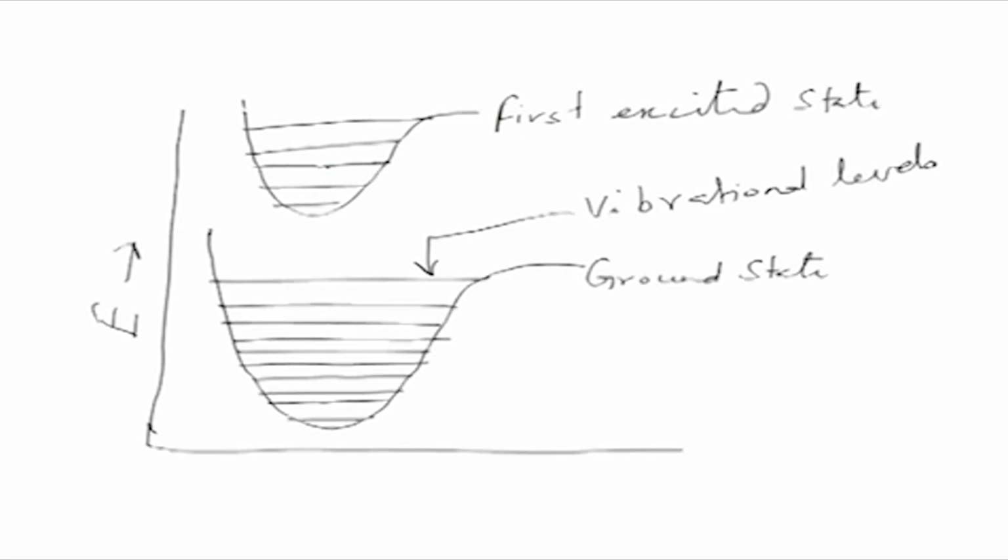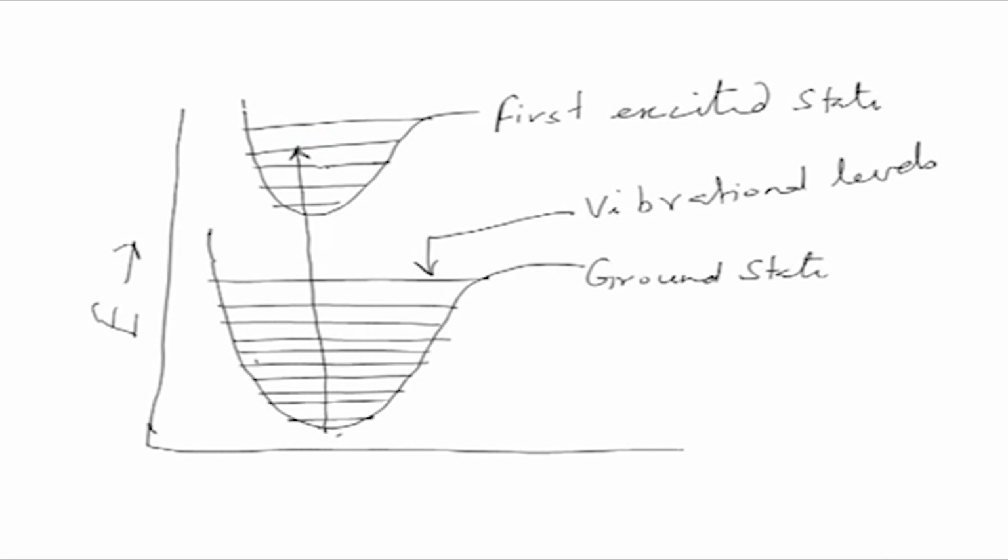Now, when absorption or emission occurs, say for example absorption occurs from the very ground level to higher, if I say it is going up to here, then absorption has occurred, the exact energy has been absorbed, which leads to the electron going from this state to the fourth vibrational state of the first excited electronic state.